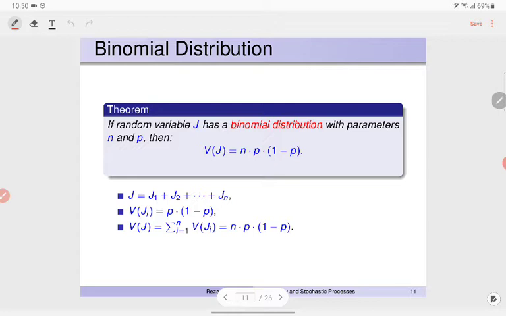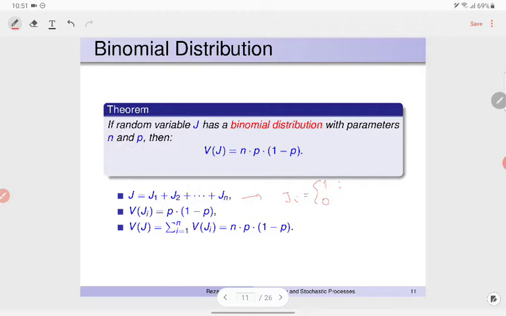This random variable J can be considered as the sum of n indicator random variables Ji, from J1, J2 until Jn, in which Ji is an indicator random variable, so it can only have values 1 or 0. 1 happens when the ith tossing of the coin, for example, produces a head, and 0 otherwise.